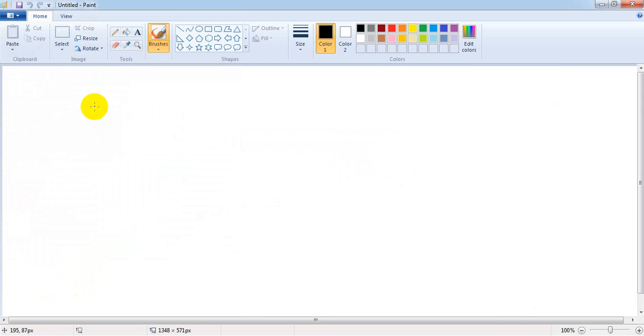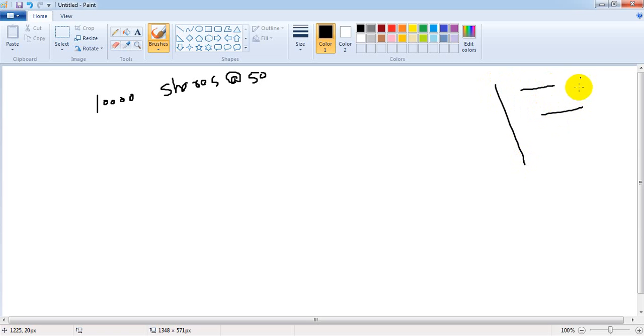Suppose the company issued 10,000 shares to the public. What is the face value? At the rate of 50. This is the face value. Now, when we receive cash from different shareholders, we will pass an entry in the books of account.